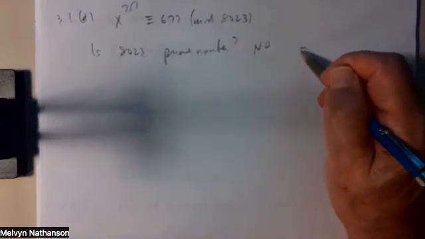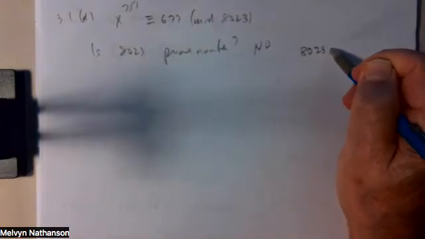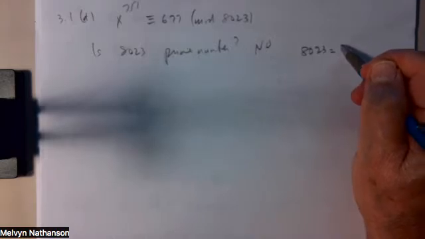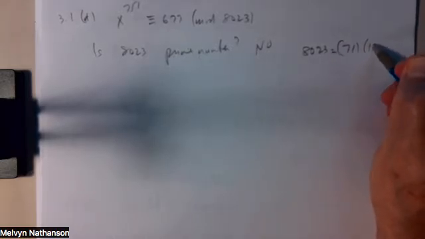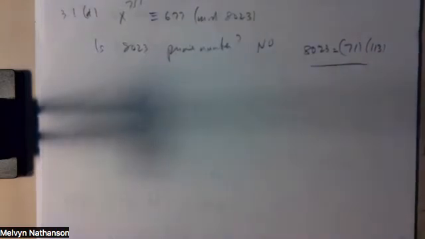And if you want to factor 8023, this turns out to be 71 times 113. So what might be a way to try to solve this congruence?